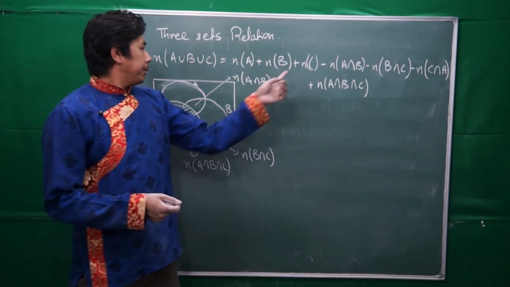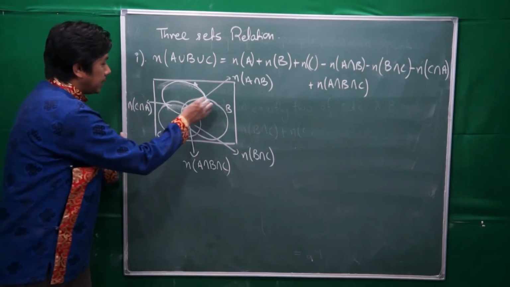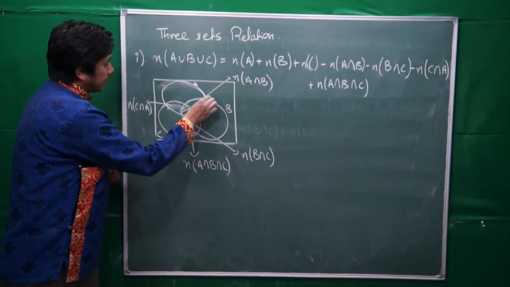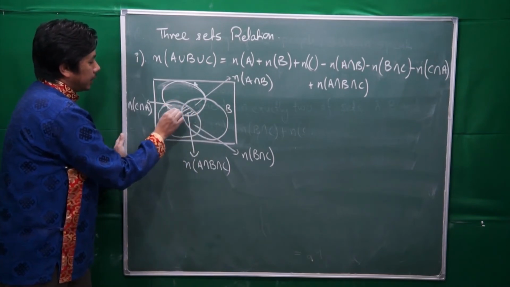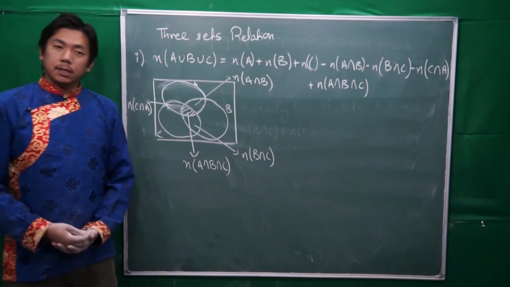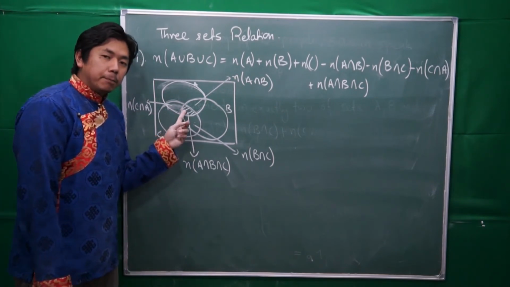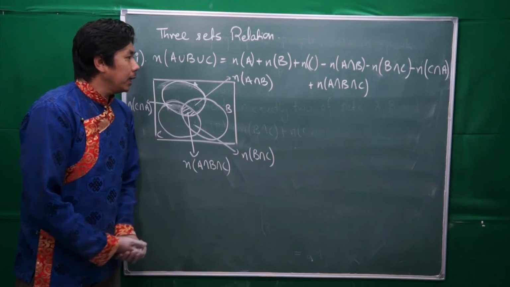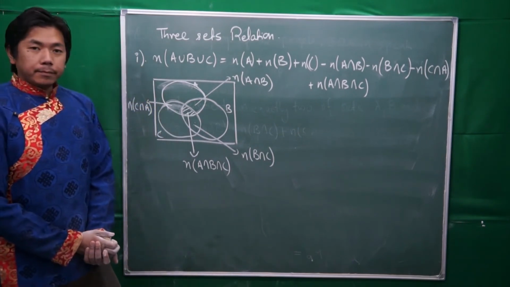Plus set C. After adding set C, what can be seen is this is getting added twice. This is also getting added twice. And this is getting added twice. On top of that, this center part is getting added how many times? Thrice. Is it clear?